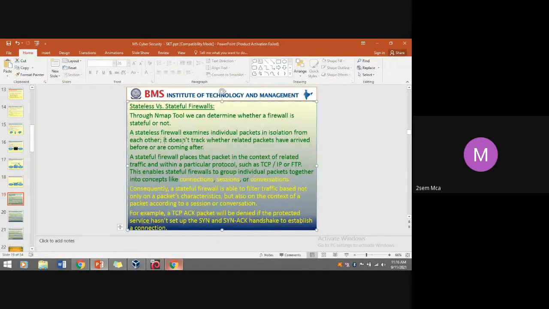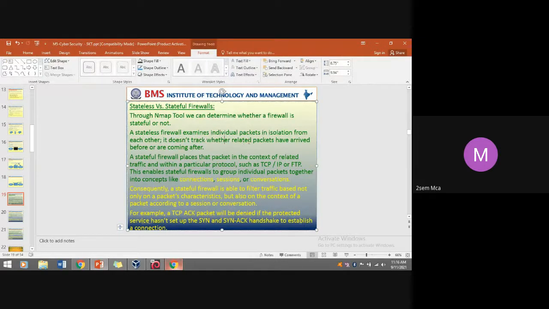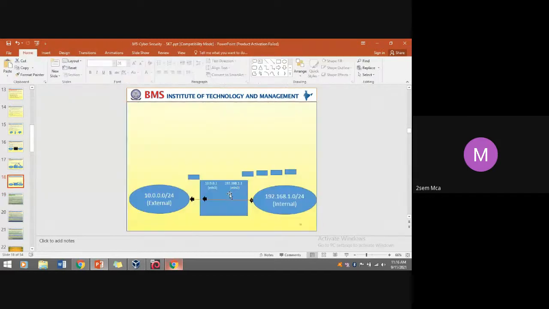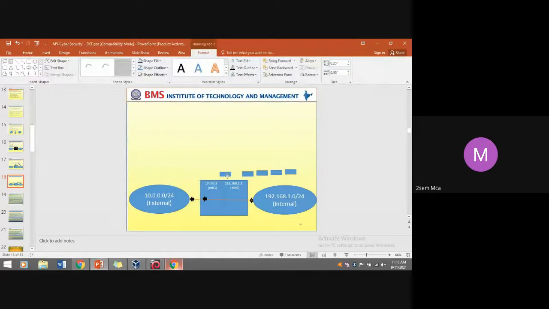So it does not track whether related packets have arrived before or are coming after. It does not check whether this packet is somehow related to any other packet. That is a stateless firewall, not checking. It is simply inspecting the individual packets.